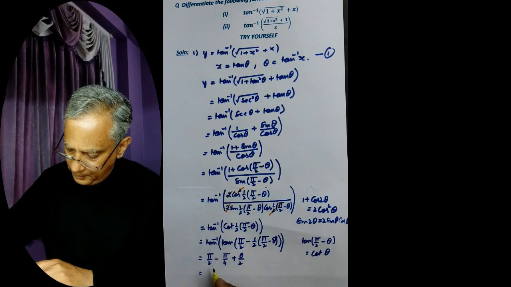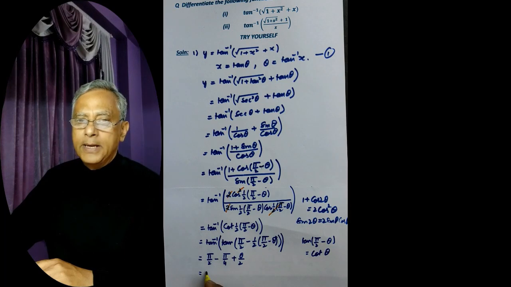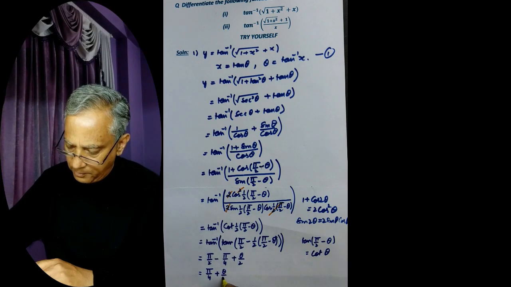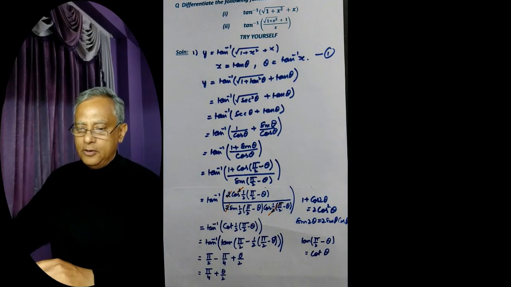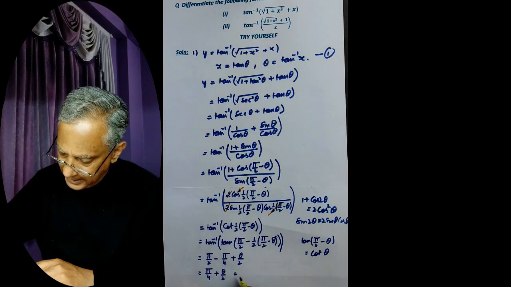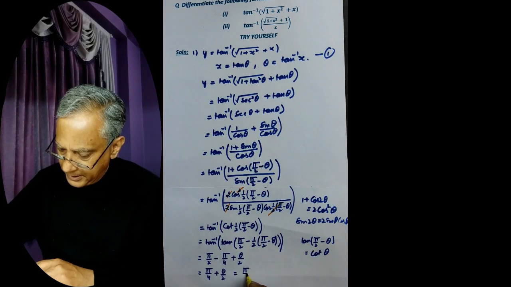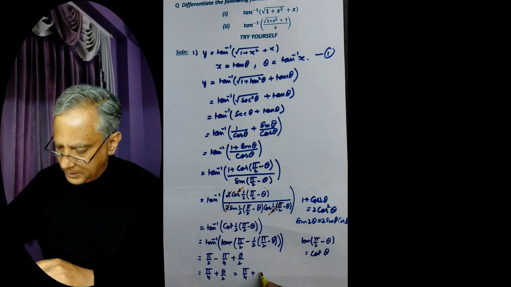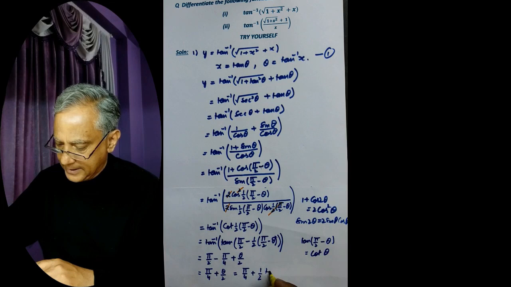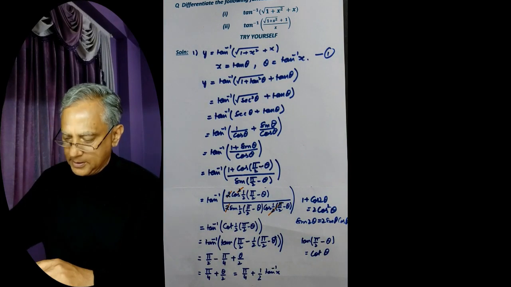So this is equal to pi by 2 minus pi by 4 is pi by 4, so pi by 4 plus theta by 2. Now theta is tan inverse x. So we can write this as pi by 4 plus half of tan inverse x.